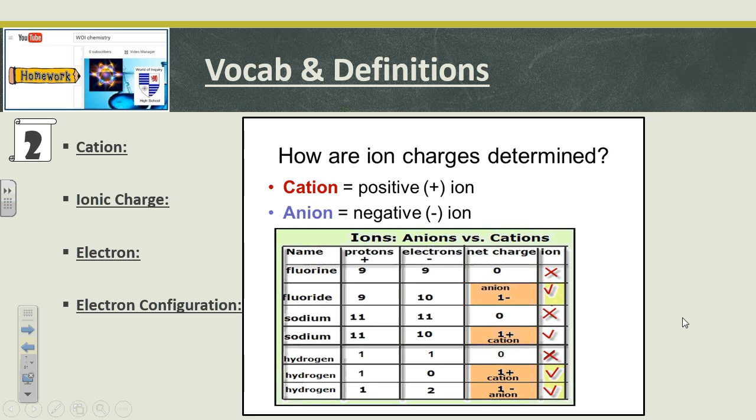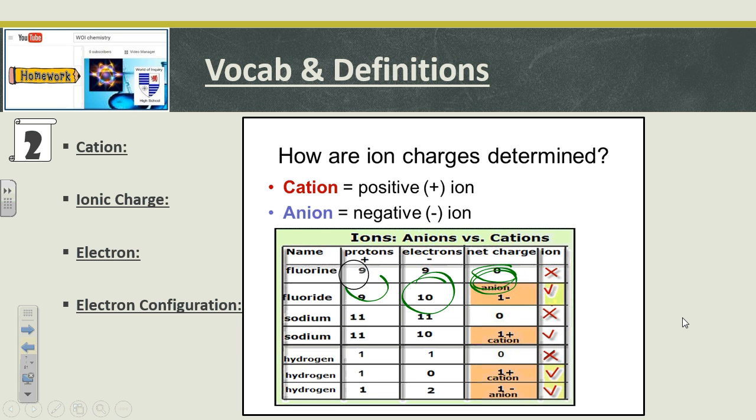The ionic charge. This is the overall charge on an ion. So you'll see I have to relate the protons and electrons. If I have 9 protons and 9 electrons, my net charge or ionic charge is 0. And another example of an anion that we just talked about: 9 protons, 10 electrons.